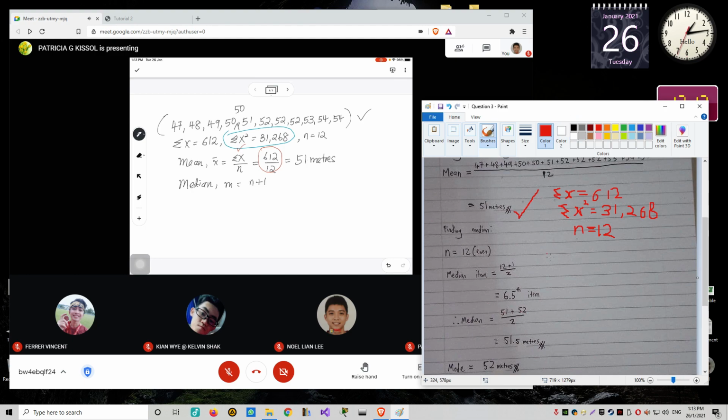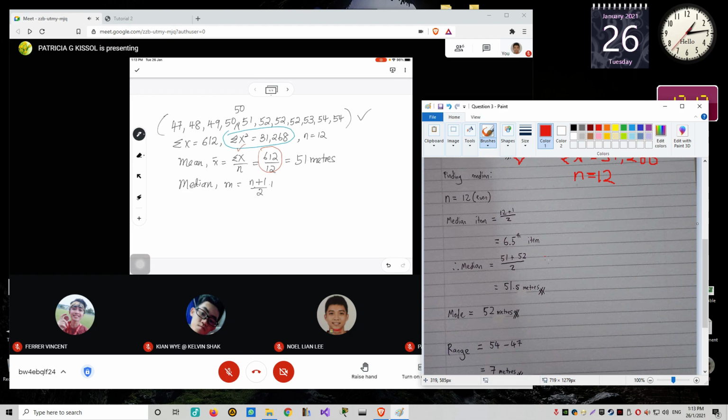So it's ungrouped data, yeah. So we write n plus 1 to indicate that it is the position. Because we have n equals 12, plus 1 divided by 2, and hence we get 6.5 position. So a lot of students, they didn't show this.